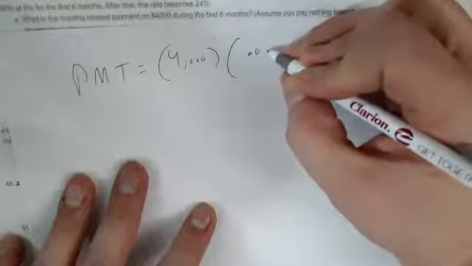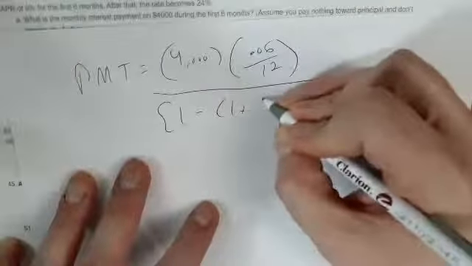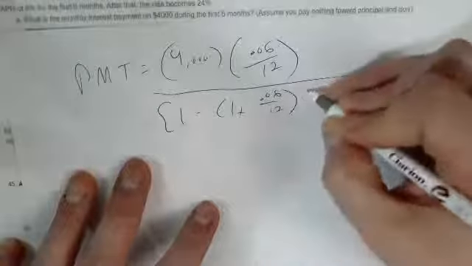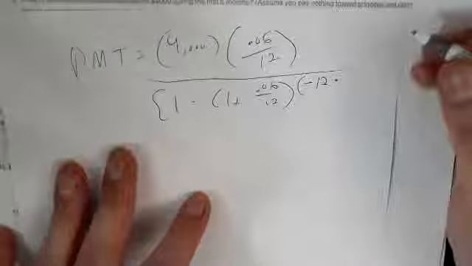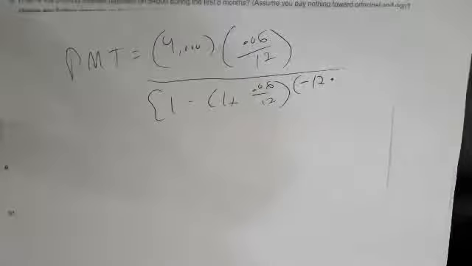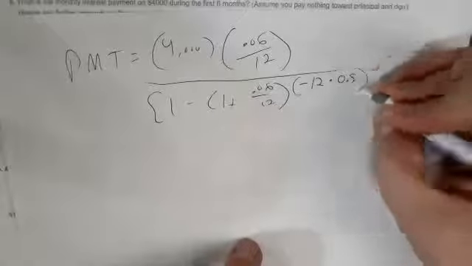APR over N, so for the first 6 months, it's a 6% APR. 1 minus 1 plus, to the negative 12 times my total years. This might be a tricky thing, but if I go for 6 months, how many years is that? Six months is half a year. So we do times a half, or times 0.5.